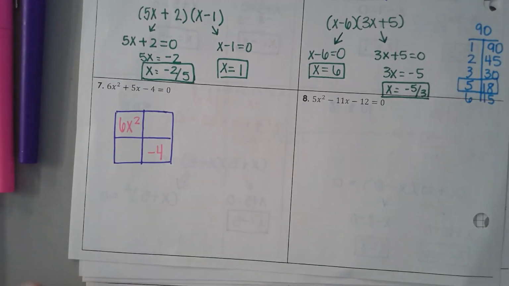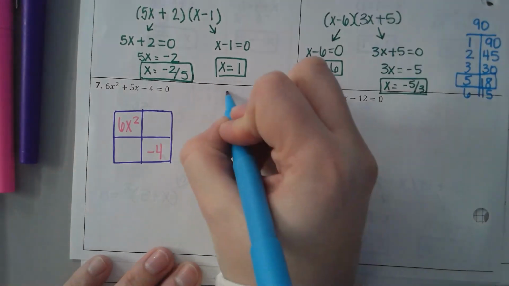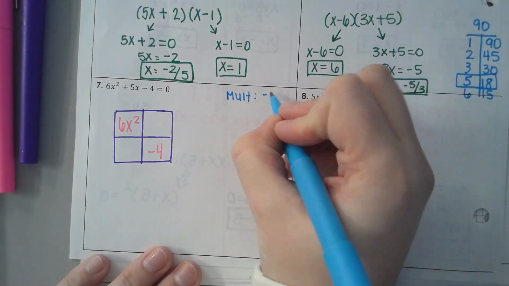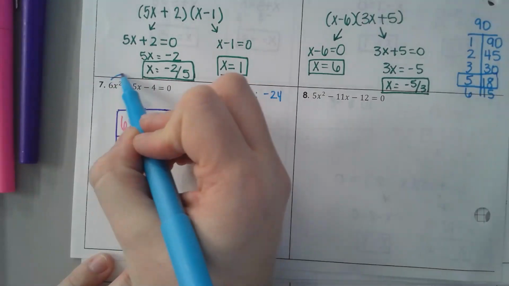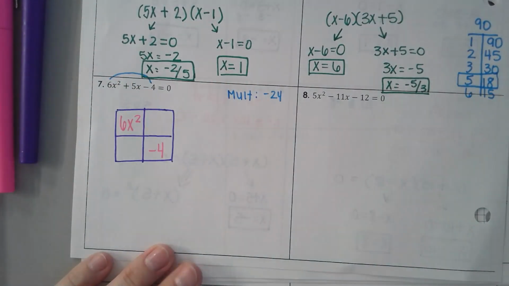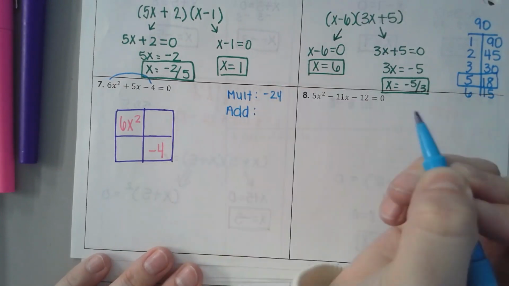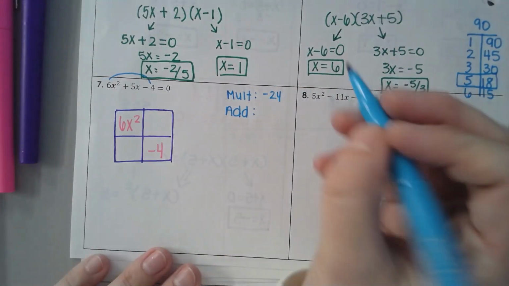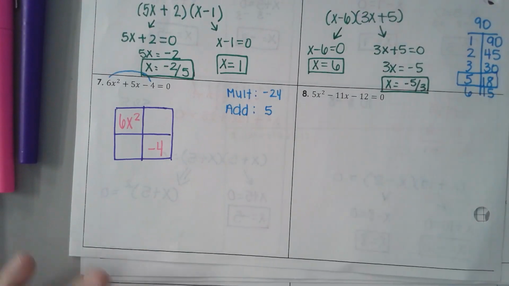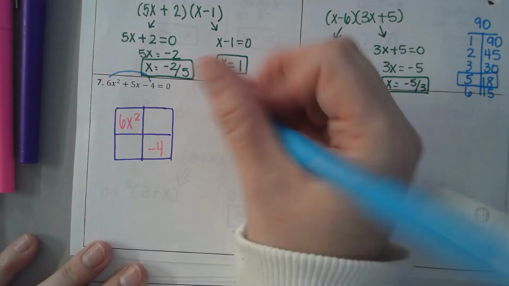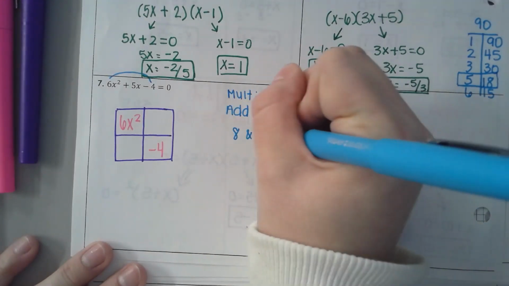So we need two numbers that multiply to be -24, because there's my -24, 6 and -4. And those same two numbers add to be 5. 8, -3. +8 and -3. Very good.